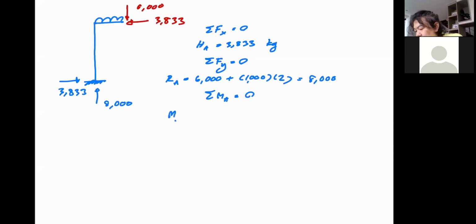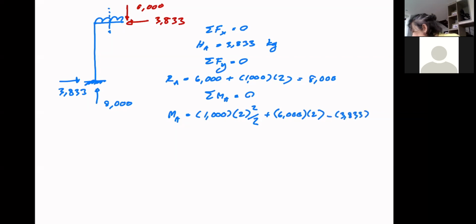So MA should be equal to the moment from the uniform load. That's 1,000 multiplied by 2 makes it the total load, and then half the distance to take the moment, so it's 2 squared over 2, plus 6,000, the vertical load, multiplied by the distance, which is 2. Now these two create a clockwise moment, but 3833 creates a counterclockwise moment. So it's 3833 multiplied by the height, which is 6.